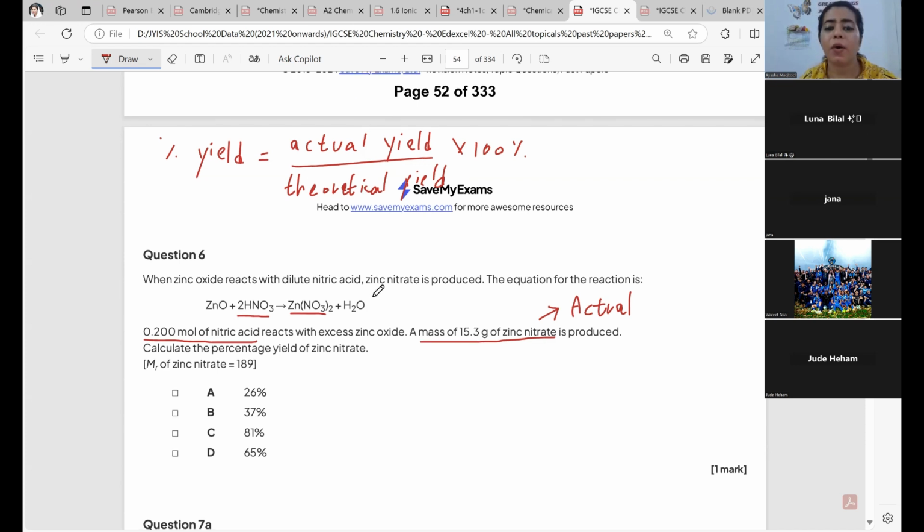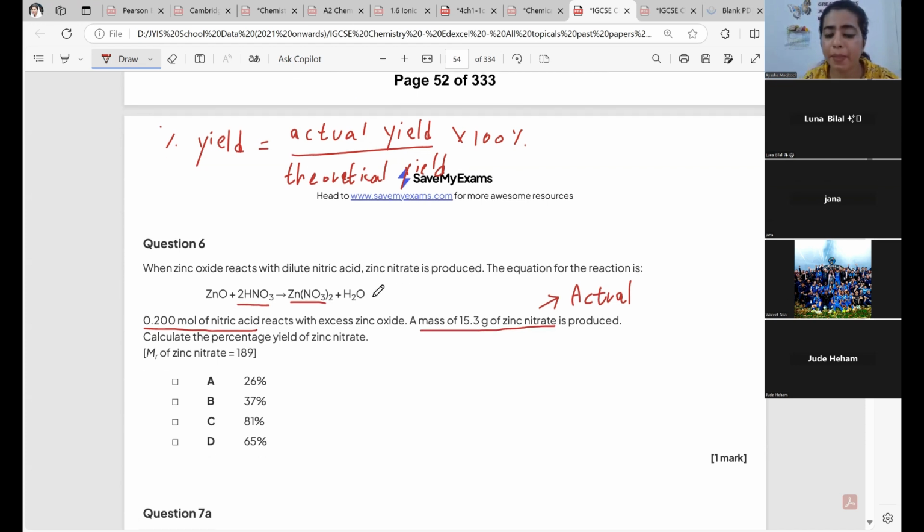We'll multiply the moles 0.200 by 189 to find the mass, and then put it as the theoretical yield and apply it in the formula. See, for nitric acid the moles are given to you. You can relate this with the molar ratio over here, which is 2:1.